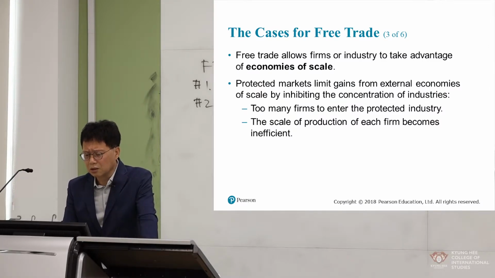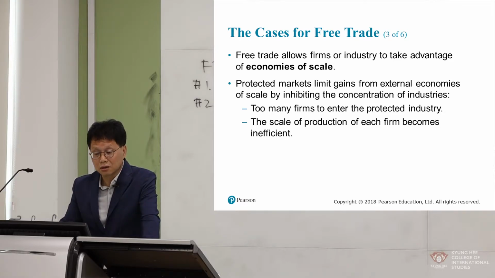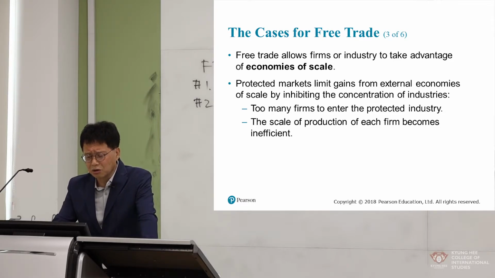We already studied the concept of economies of scale, right? So when a firm's production increases, average cost decreases, right? So that is a sort of technological change or productivity growth. So that is dynamic gains actually, right?